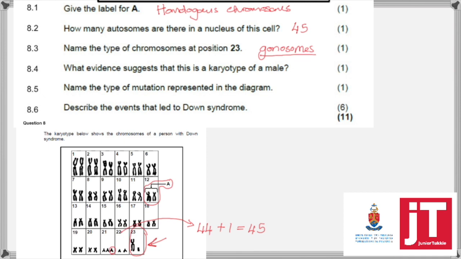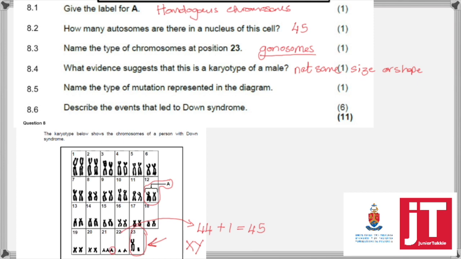So we can expect that this is probably going to be an XY combination of gonosomes. So we can say that these 2 chromosomes are not the same size and not the same shape, and that is going to lead us to believe that this is the karyotype of a male.